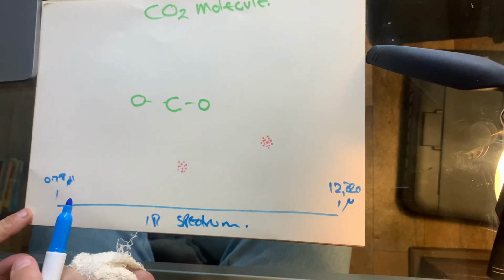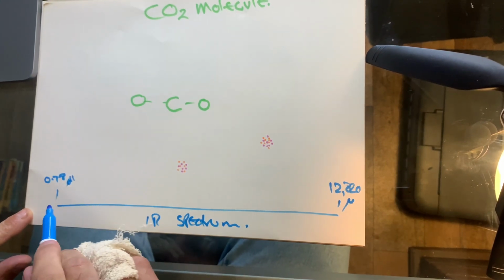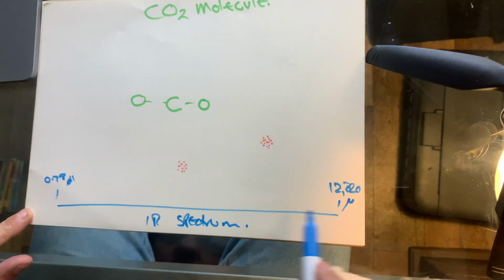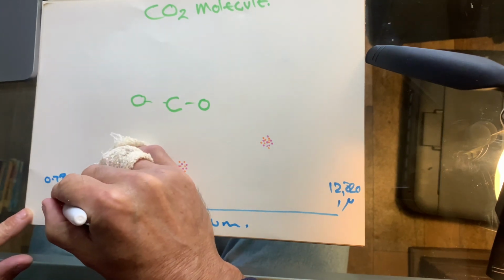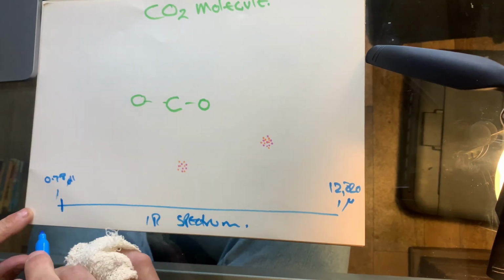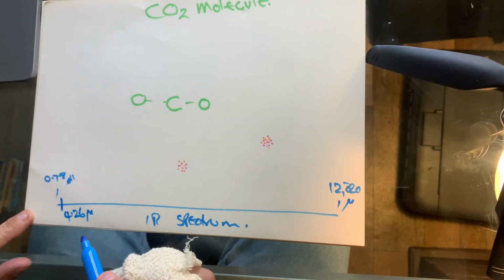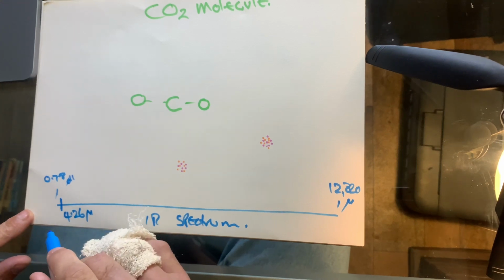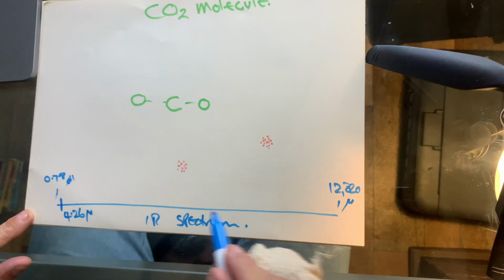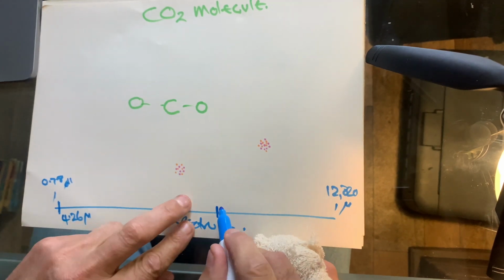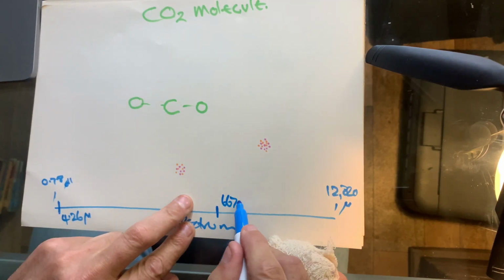Then there are 2 locations on that spectrum. The first one is at 4.26 microns, and then there's another point around about halfway, at 667 microns.